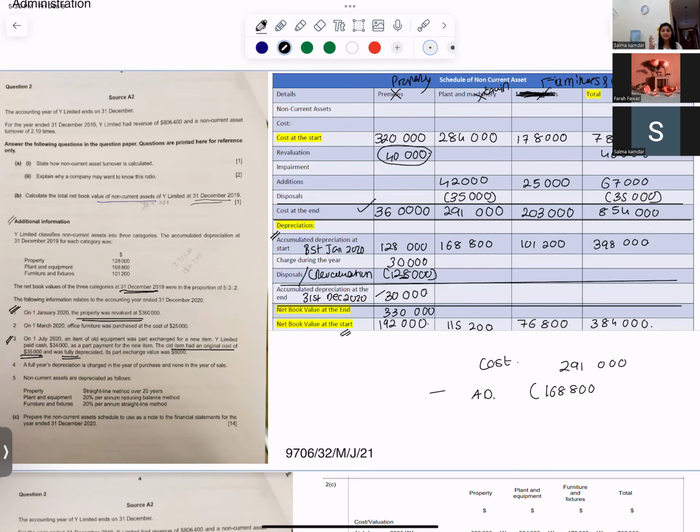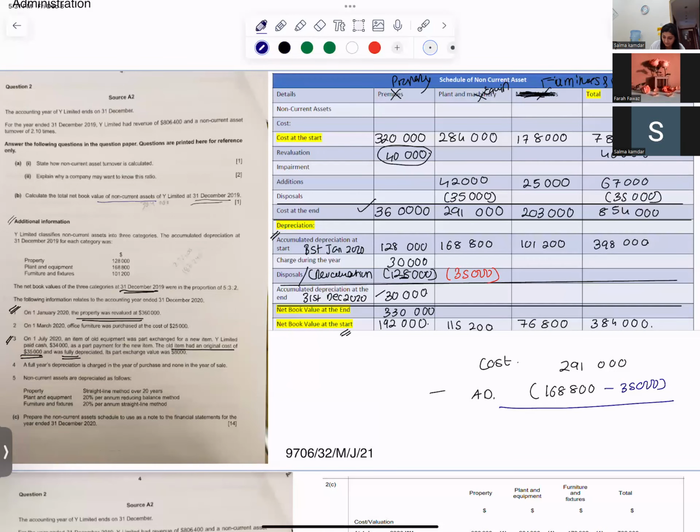This is the accumulated depreciation at the start of the year, correct? But you have disposed of one asset which is fully depreciated. So from this 168,800, you will have to remove 35,000, the depreciation of the asset sold.